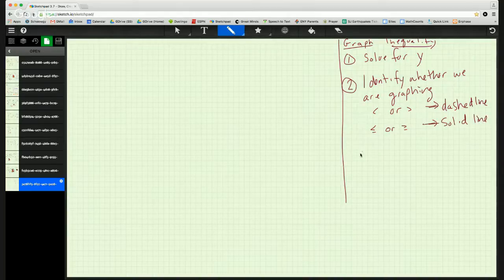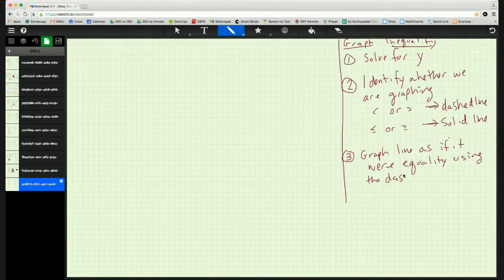I'm going to explain this more in a little bit. 3, then we just graph the line as if it were an equality using the dashed or solid line.